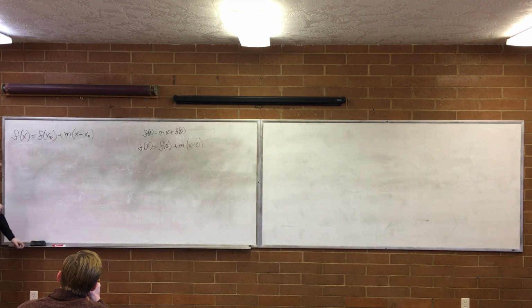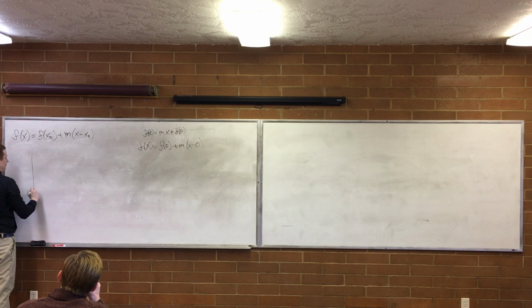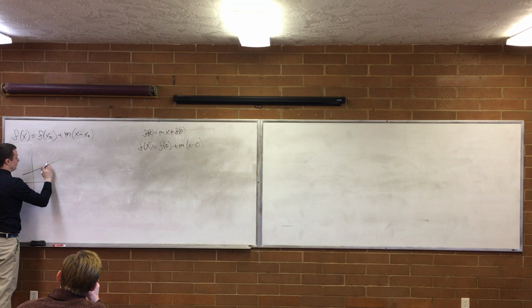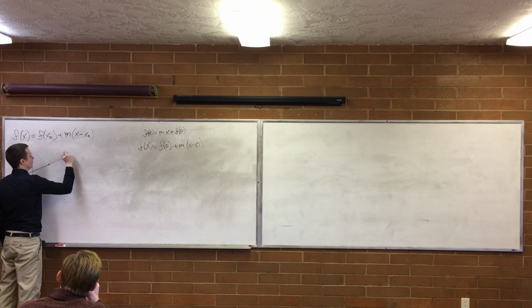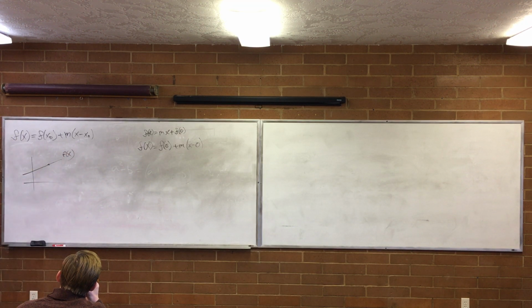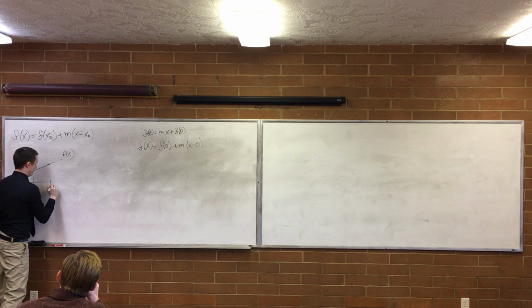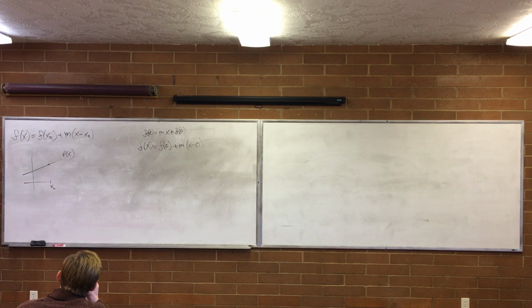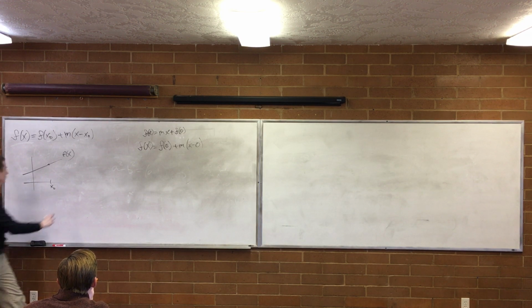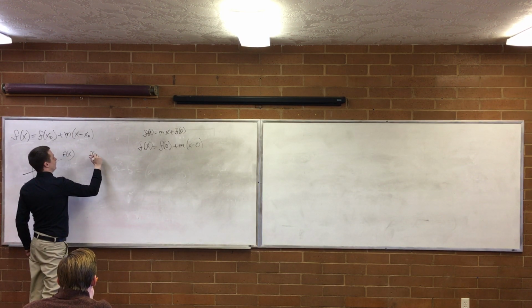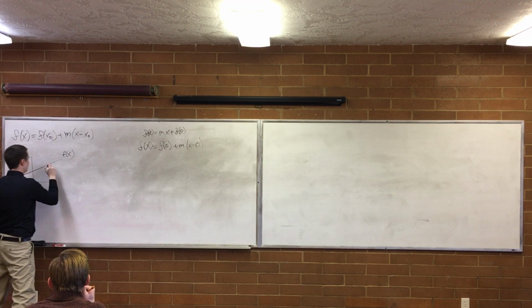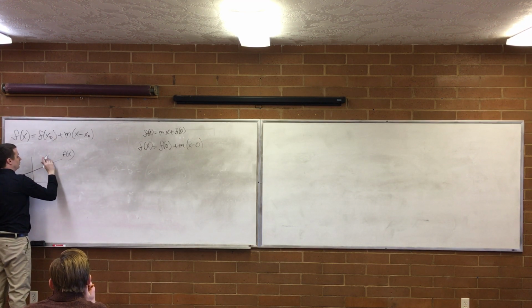Let's think about it this way for a second. Let's say we got some line, f of x is the graph of that function. And we'll say that this is some point x naught that we know is on f of x. Okay? So what do we know? Well, we know the value of the function at this point.